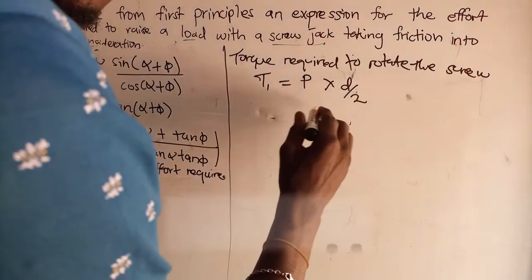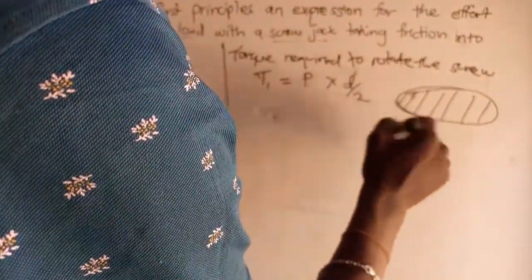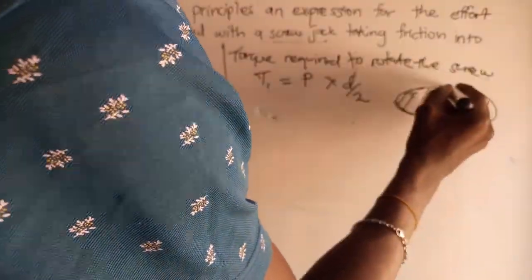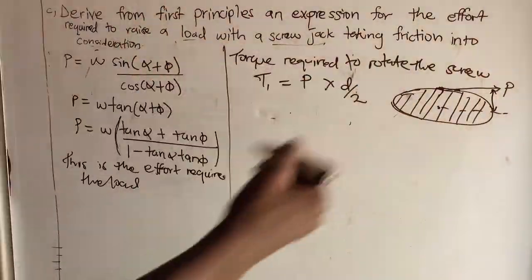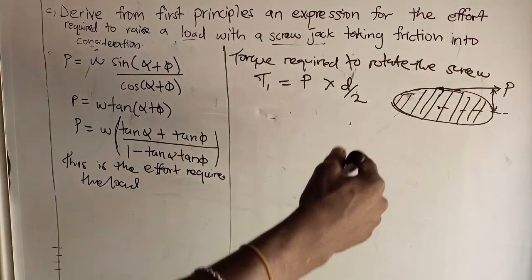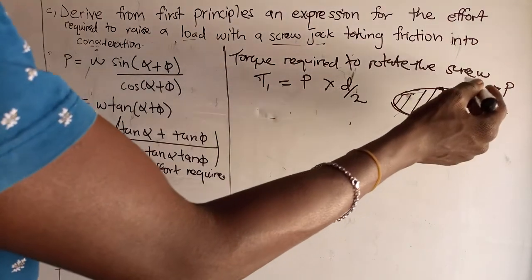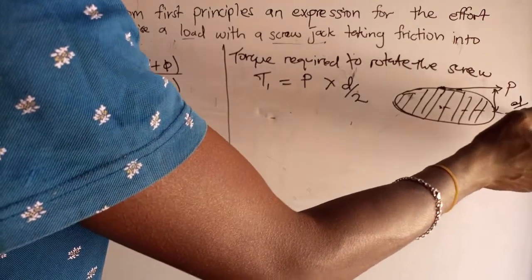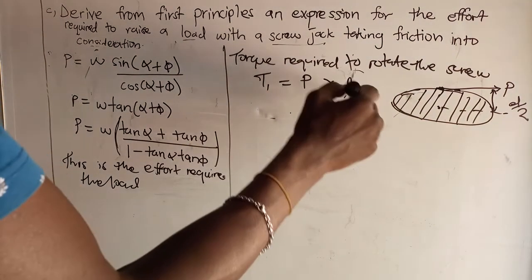Let me draw a profile. So if the effort P is applied, this is a screw profile. If effort P is applied on a screw, the distance from the center up to the effort is D over 2. And this is because we are taking the mean diameter of the screw. That's why we are having D over 2.